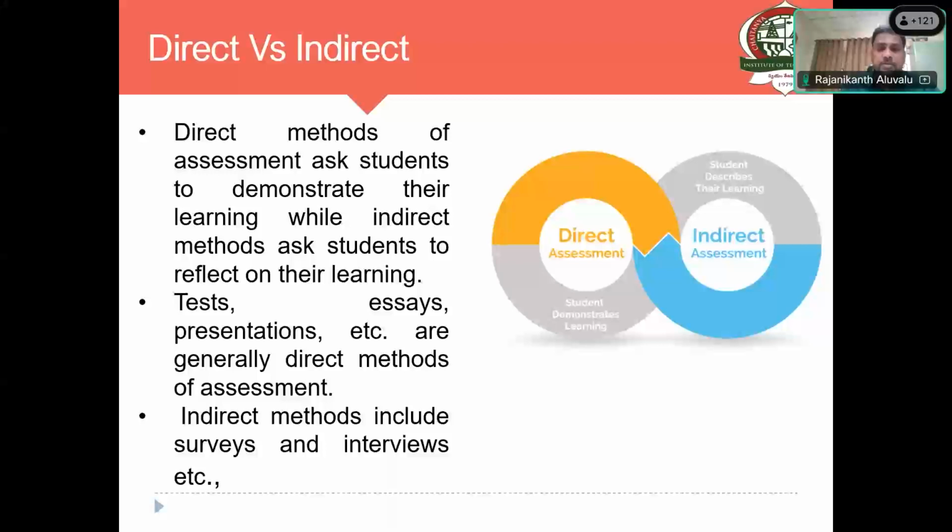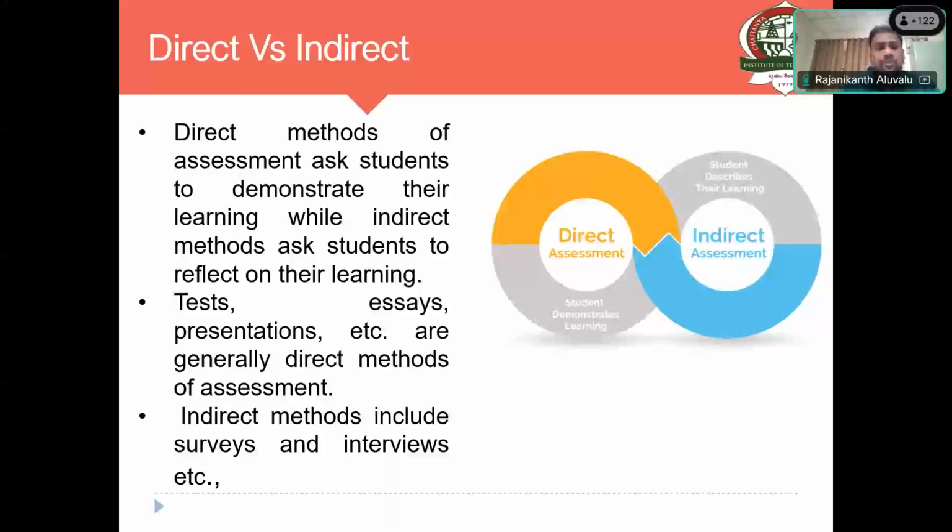So that particular survey report is taken into consideration and we call that particular assessment the indirect assessment. So the indirect assessments are basically through the surveys, through the feedbacks, and yes, we can also take an interview and record the indirect assessment as well.